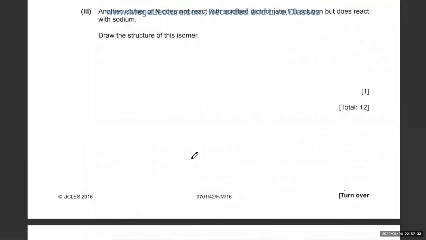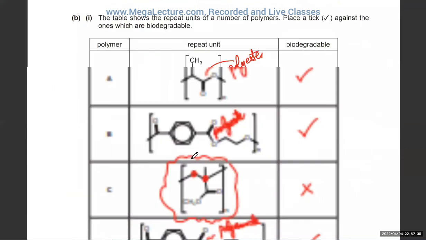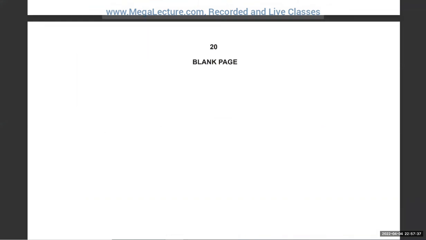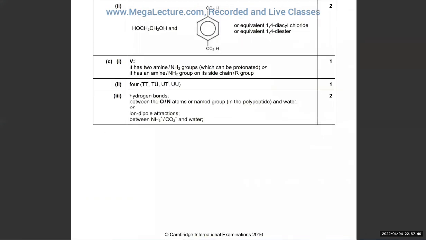Yes, sir. Sir, last question. What was the second point in the marking scheme? Okay. Name the bond between O and M. There's hydrogen bonds, and basically the 2 marks were, one was hydrogen bonds, the other one was between what groups? So he was saying between the water and the named group in the peptide.